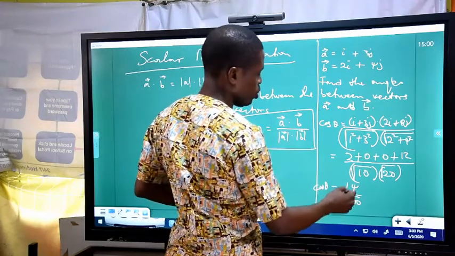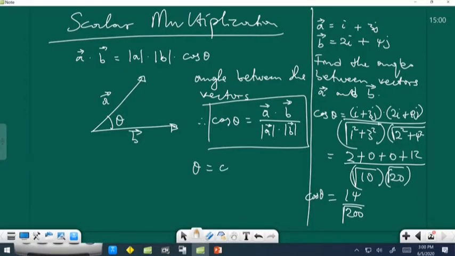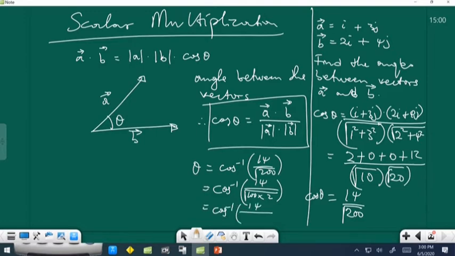Okay, so when you use your calculator, you can get the answer, and your theta will be equal to cos inverse of the value obtained, 14 divided by root 200. You can simplify further and leave your answer in such form if possible. We have cos inverse 14 divided by the square root of root 100 multiplied by 2, and root 100 multiplied by 2 gives cos inverse bracket 14 over 10 root 2.